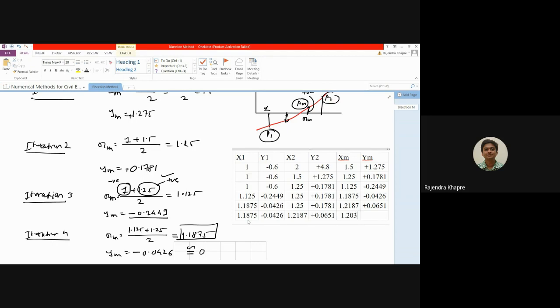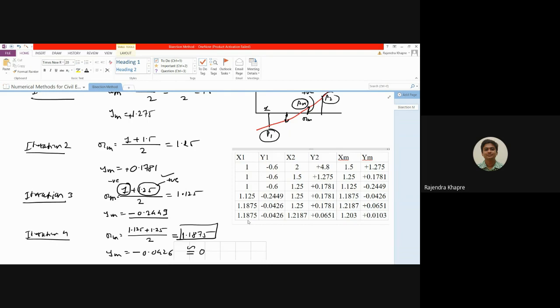1.203. And what about this one? Negative, positive, positive.